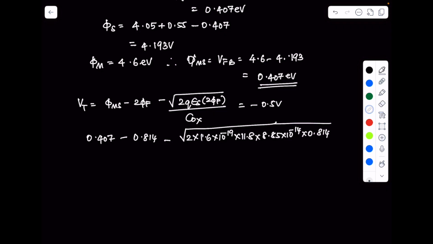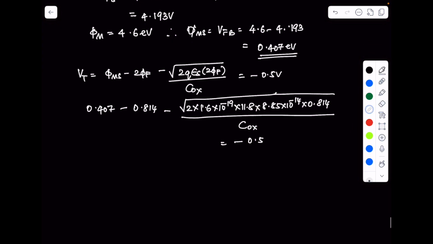Now that's the net charge divided by Cox, which should be minus 0.5. So in this equation, everything is known except for Cox. So Cox works out to 1.773 microfarad per centimeter squared.